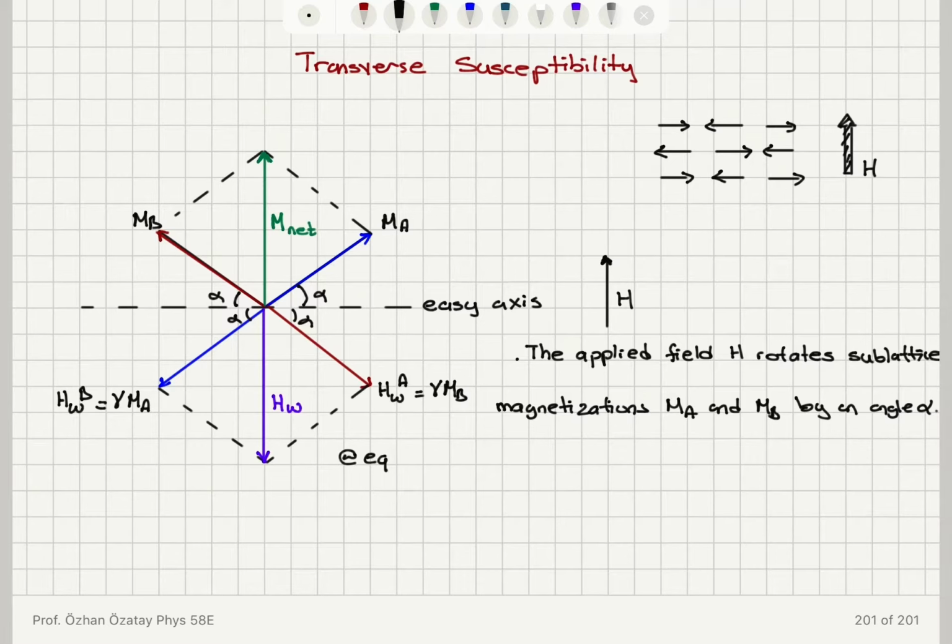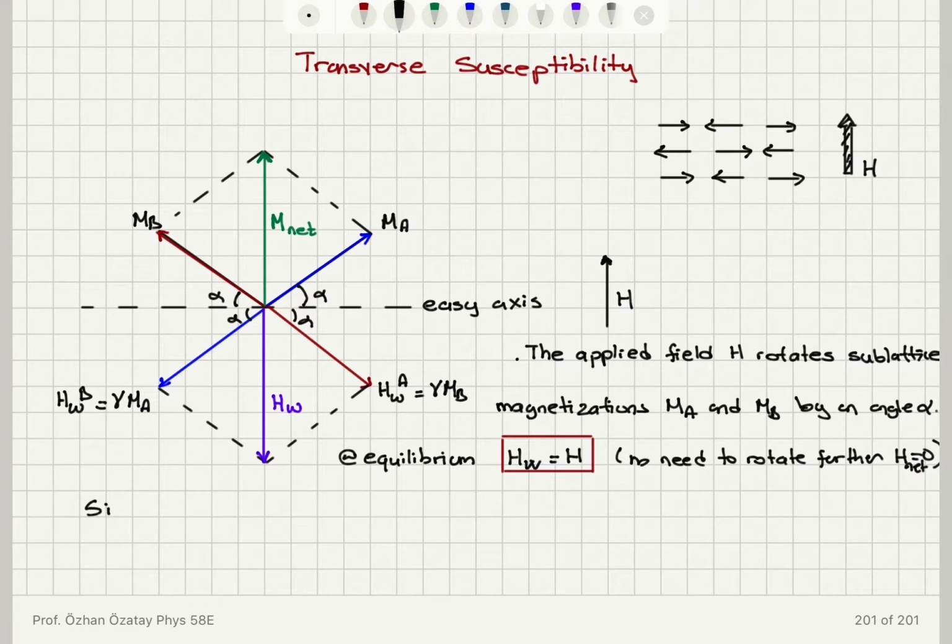At equilibrium, we will have the total molecular field acting on the sublattice magnetizations equal to the applied magnetic field H. When this condition is satisfied, there is no need to rotate further, because the net magnetic field will be 0.